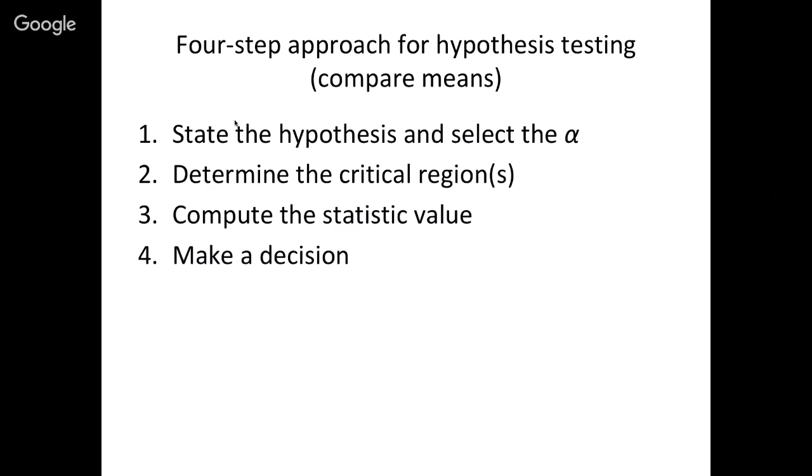Then the second step, you need to determine the critical regions and write them on your exam. And then you compute the statistical value, either the z value or a t value. The last step, you make a decision whether or not it is significant.